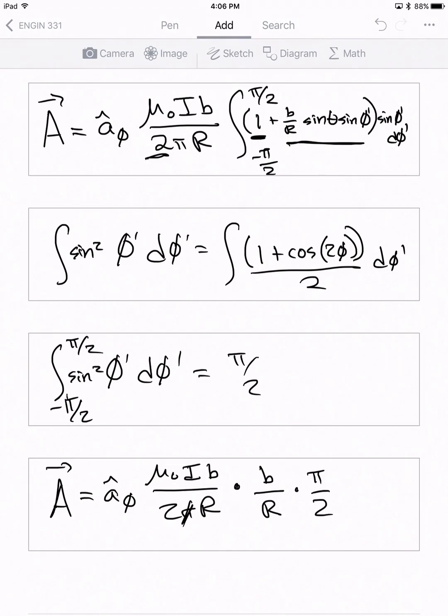So these pi's cancel out. The 2 and the 2 combine to become a 4. We get a b squared and an r squared. We get rid of all of that stuff. And never forget the sine theta.